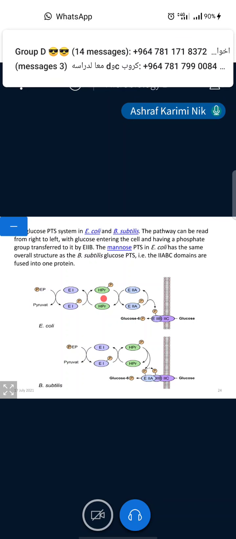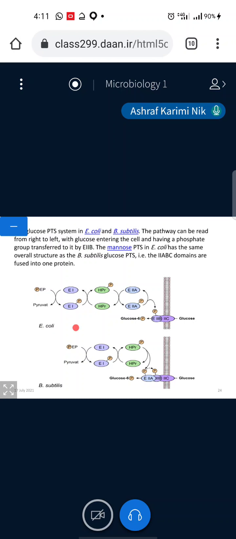What I explained about PTS, you can see in this figure, for E. coli and for Bacillus subtilis.